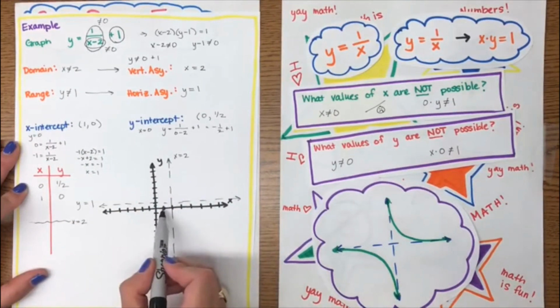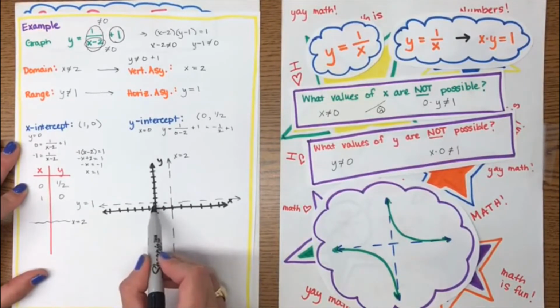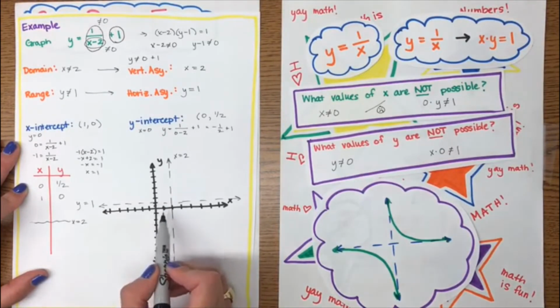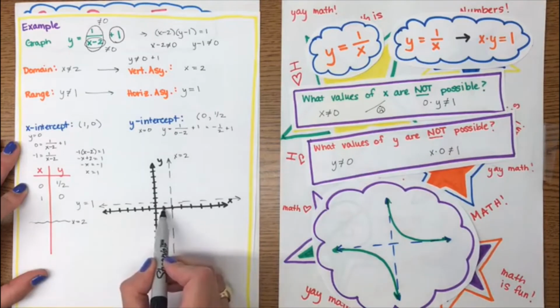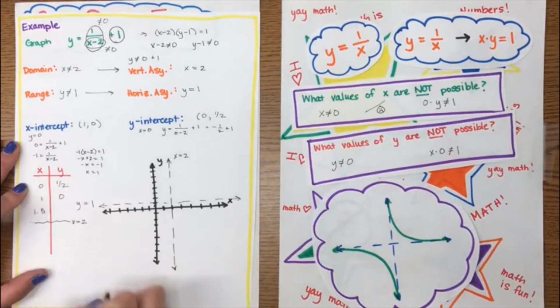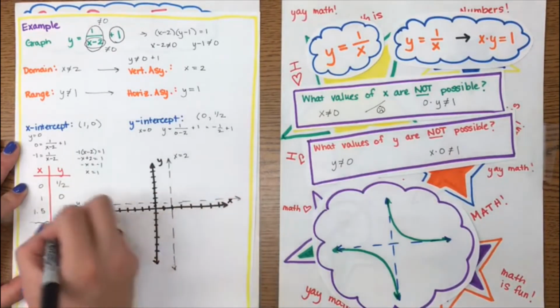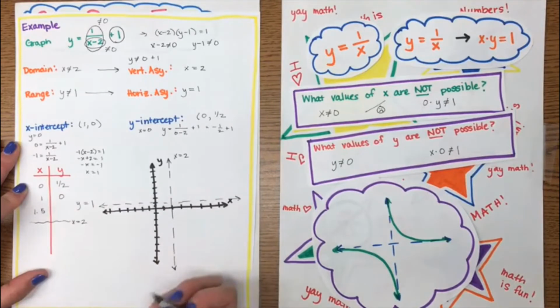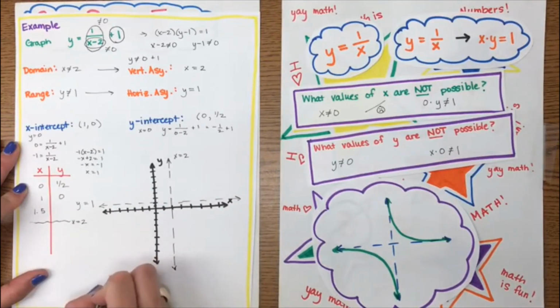Now I see that I have a point that is getting pretty close to this asymptote. So I want to get a point where my graph is starting to approach this asymptote. So I'm actually going to plug in 1.5. If I plug in 1.5, I'm going to get y is equal to 1 over 1.5 minus 2 plus 1.